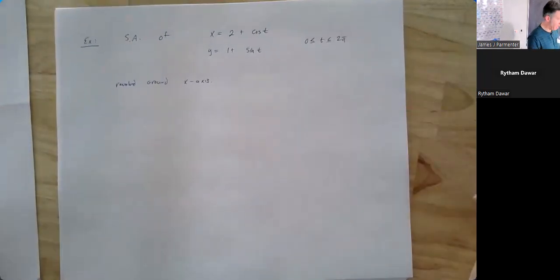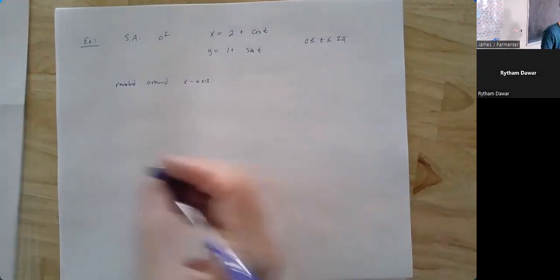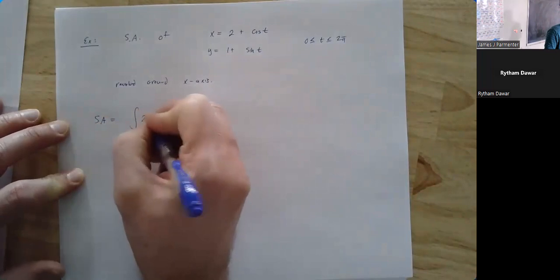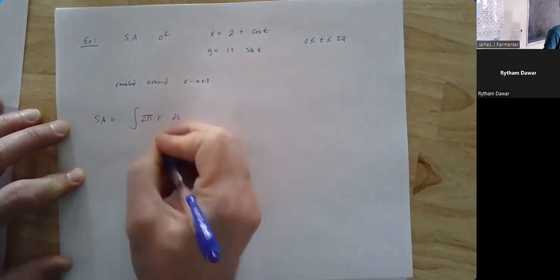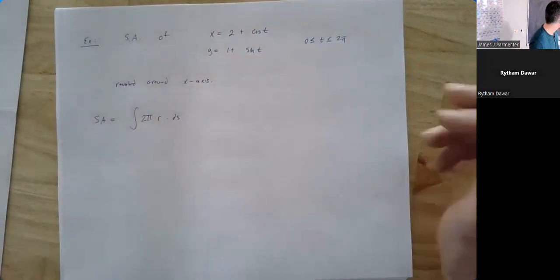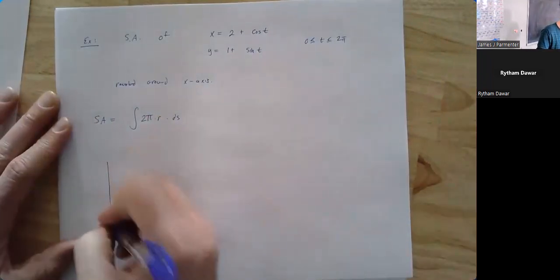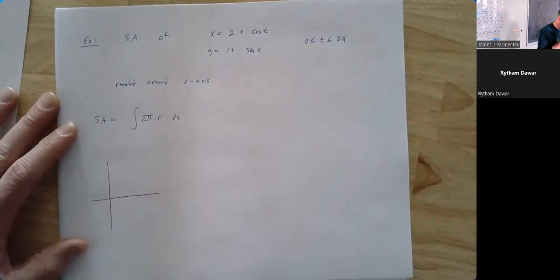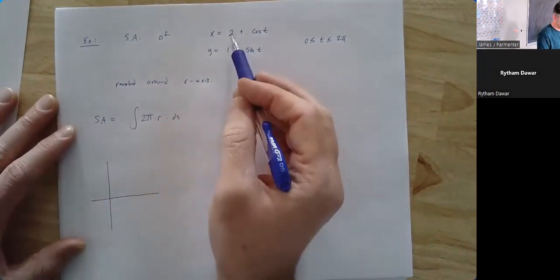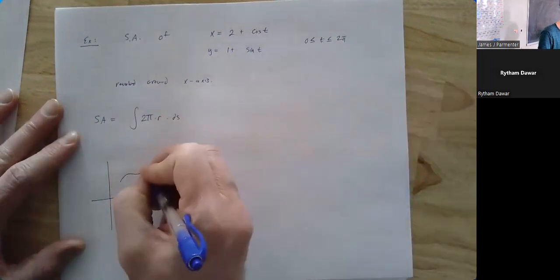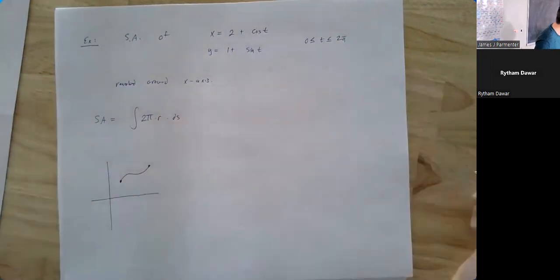Okay, so as is usual, surface area is the integral of 2 pi r ds. I don't know what my curve actually looks like, so I'm just going to make it up. Pretend it looks something like this.